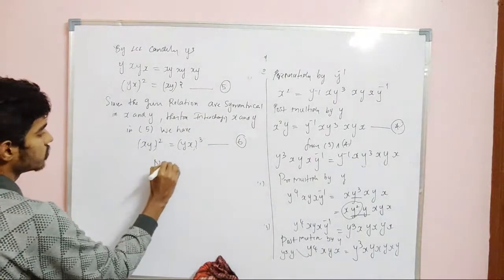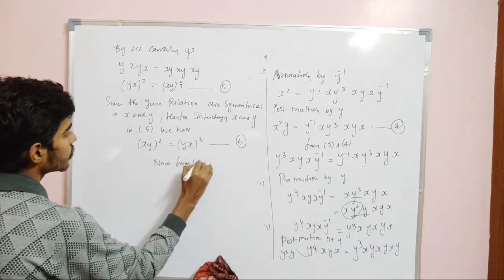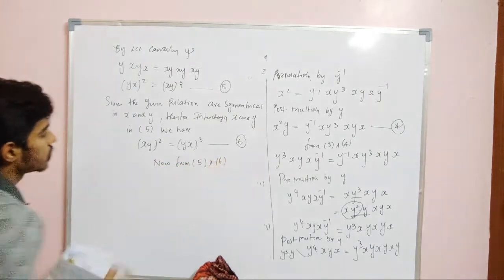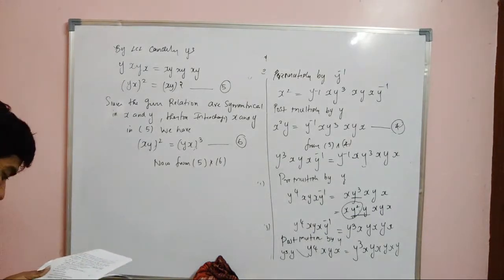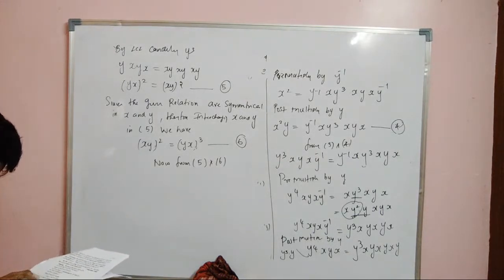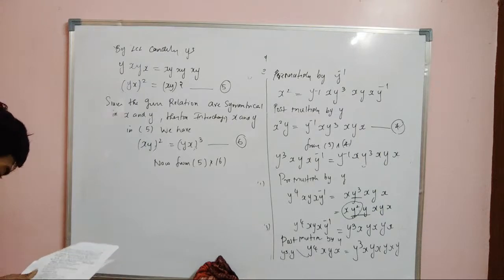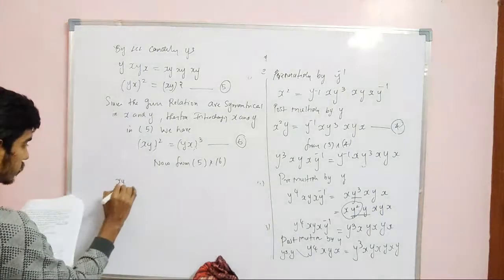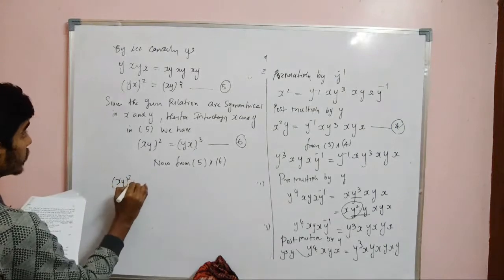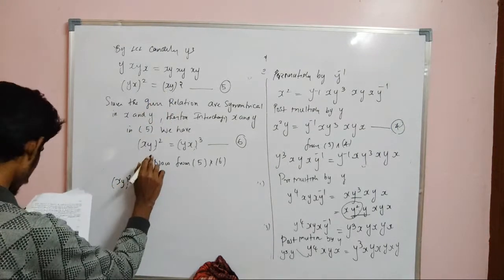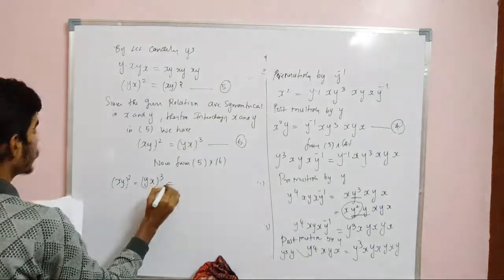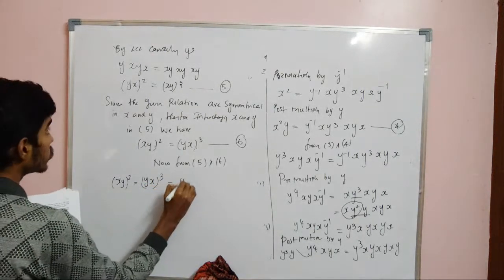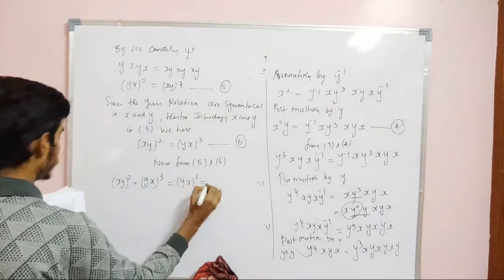Now from 5 and 6, (xy) whole square is the same as (yx) whole cube.